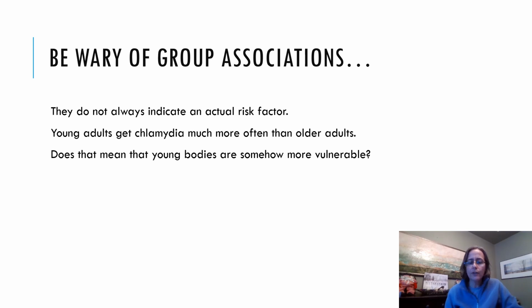So when we look at group associations, we have to be careful. We have to be wary, because sometimes just because things are correlated, they seem to go together, does not mean that it's actually causative, right? So correlation doesn't always equal causation. So it doesn't always mean it's an actual risk factor.